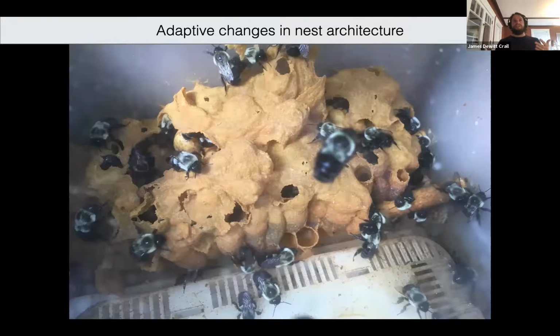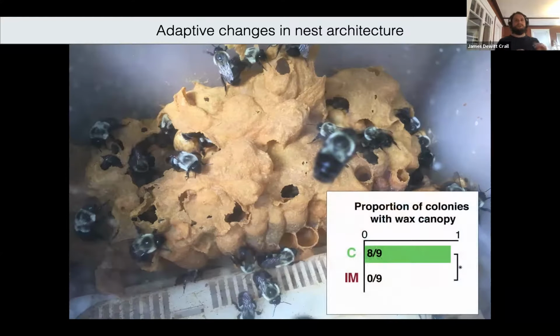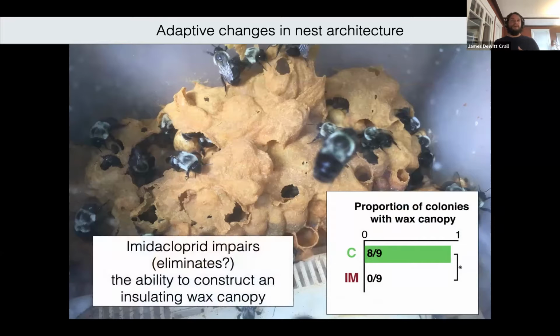And the idea is this is essentially an insulating layer, right? We think it basically works like a nice warm blanket, giving you more passive insulation in the face of cold temperatures. So if we compare our control and imidacloprid colonies in the conditions they were in, almost all of our control colonies built some amount of this wax covering, and none of our imidacloprid colonies did. So likely exposure also impairs the ability to actively restructure the nest.